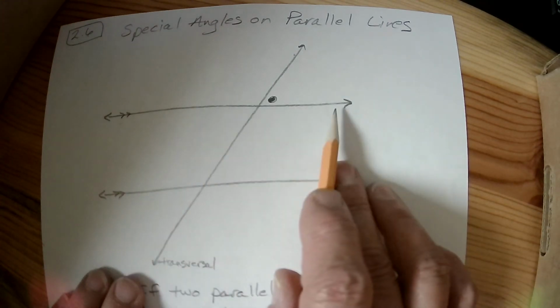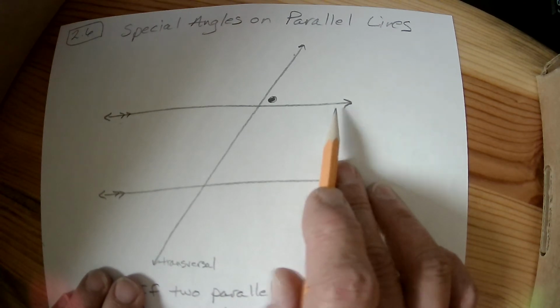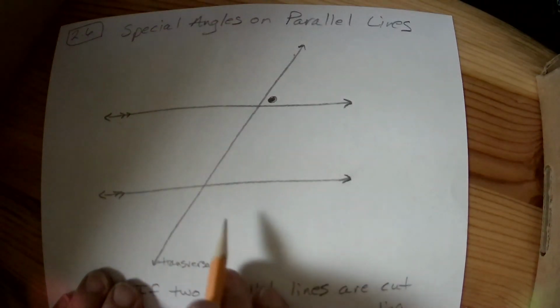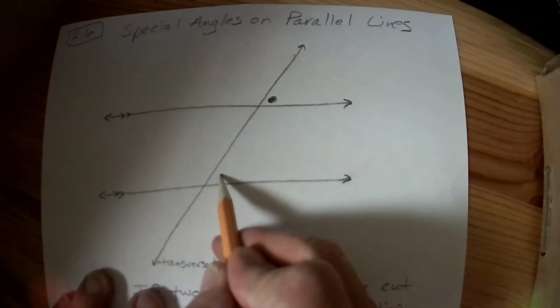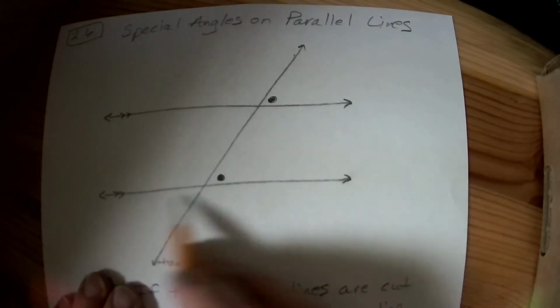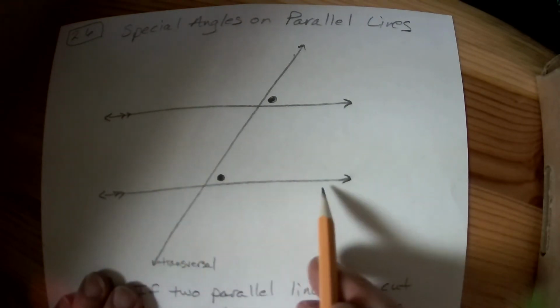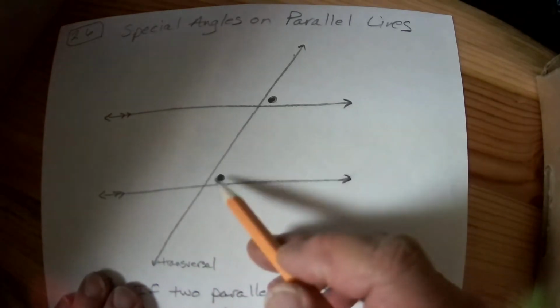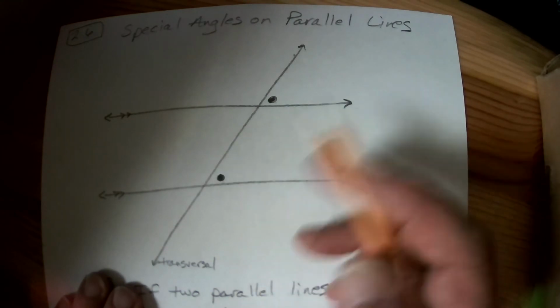It's on top of one of the parallel lines to the right of the transversal. So the one that corresponds to that is this one, because it sits on top of the parallel line to the right of the transversal. They correspond. They're in the same position.